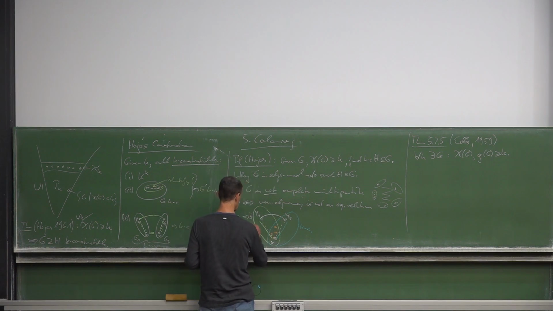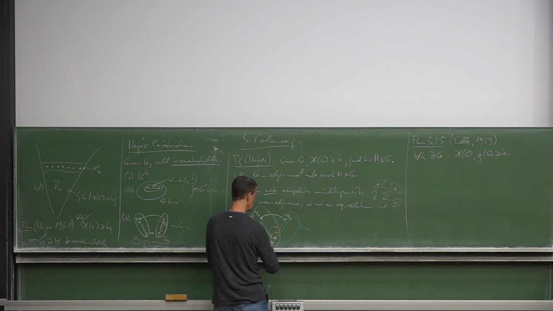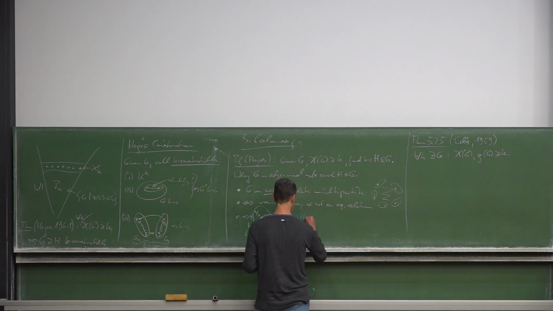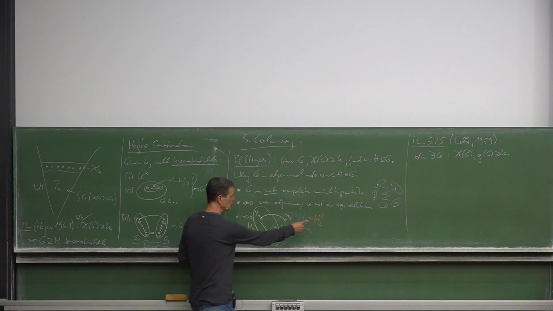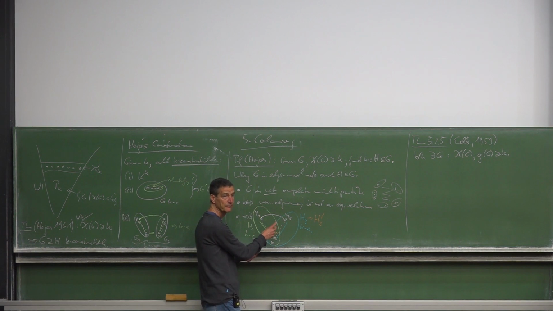So let's call this H1 and call this H2. And let H2 prime be obtained from H2 by replacing every vertex in the intersection of H1 and H2 with a clone.